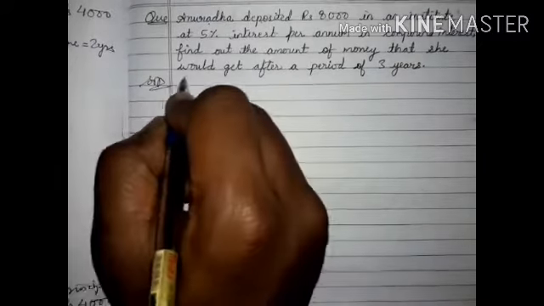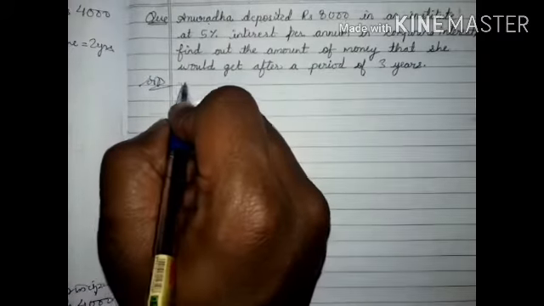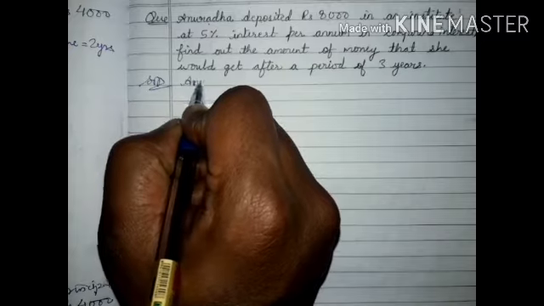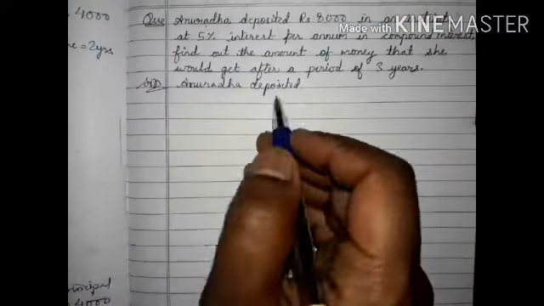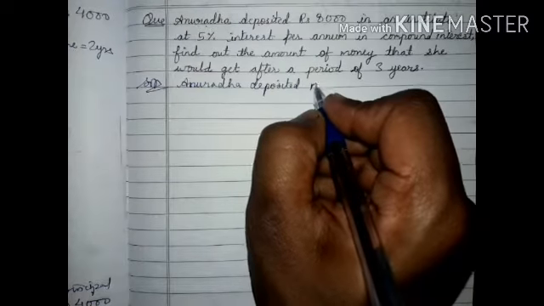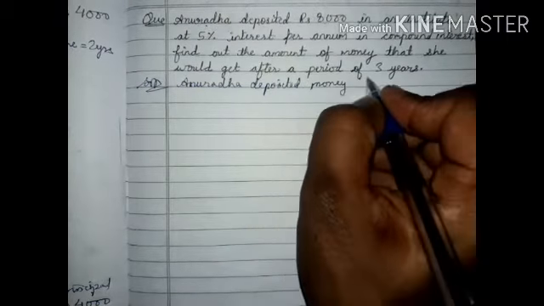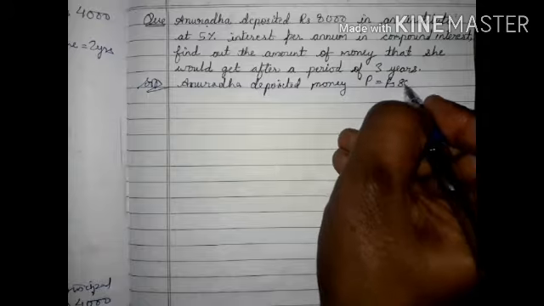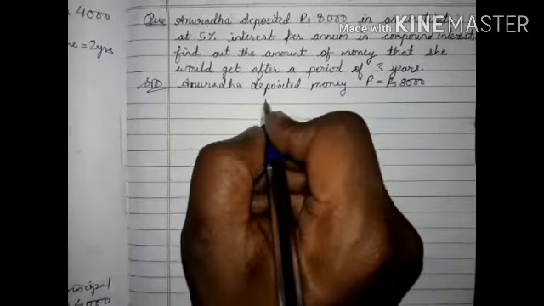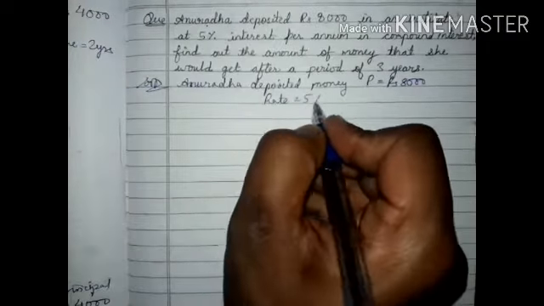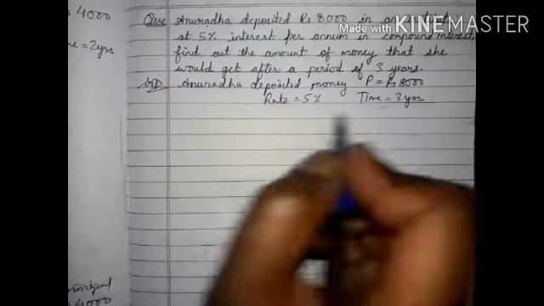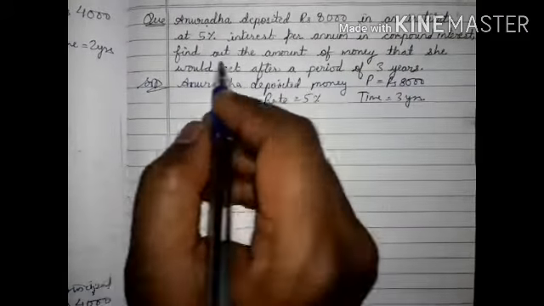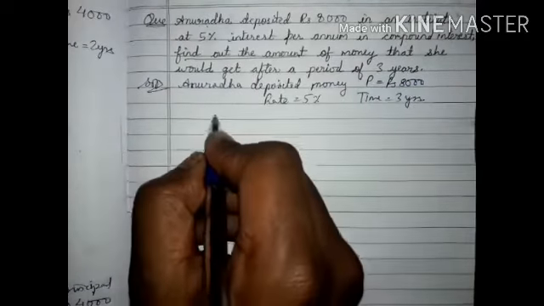So solution, Anuradha deposited money, which is the principal, rupees 8,000, rate is 5% and time is 3 years. So first we have to find the amount.